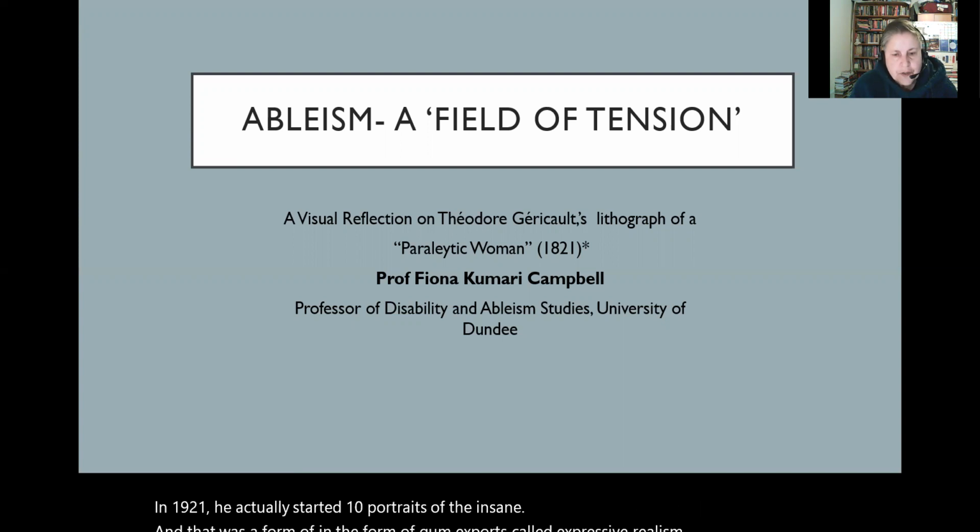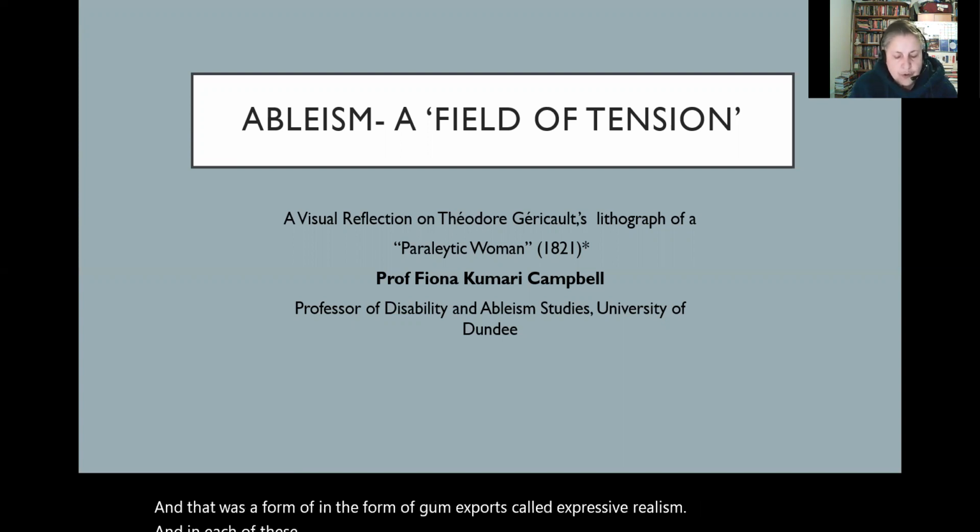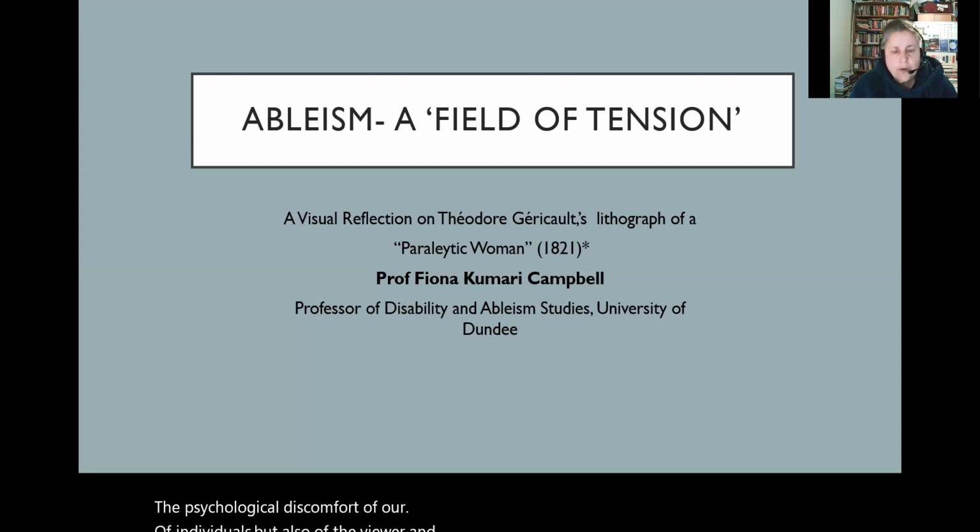And in each of these 10 portraits, he wanted to showcase and highlight the psychological discomfort of individuals, but also of the viewer, and to explore the arena of discomfort. So it's quite interesting. So we'll move on to the next slide.